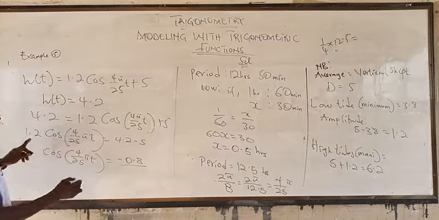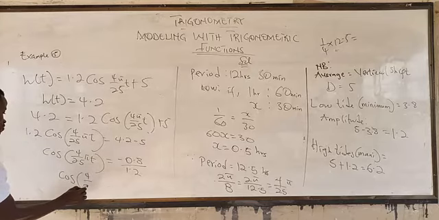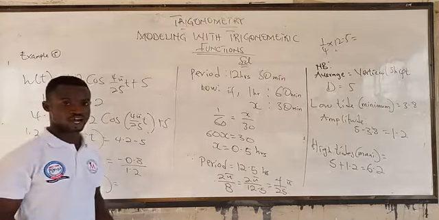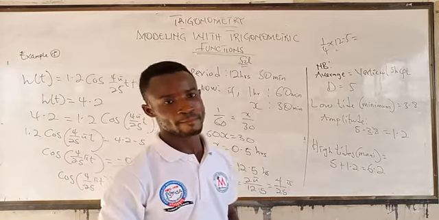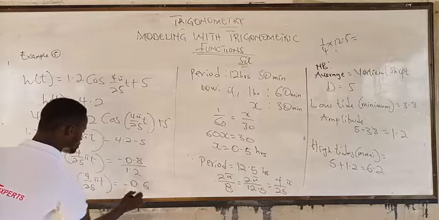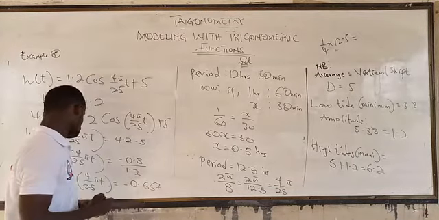Then you divide this result by this 1.2, and you are going to get cos of 4 over 25 pi t to be equal to negative 0.667. Alright.